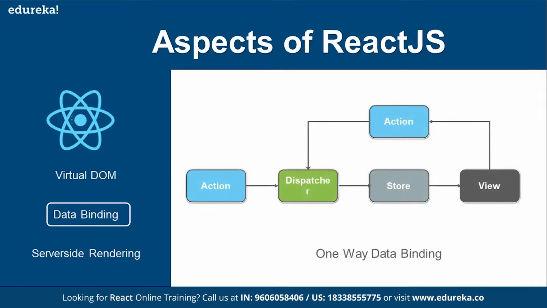The JavaScript mostly runs on the client side, so first it makes the actions, what kind of operations we need to perform, and those are dispatched to the server, which stores the state of the information. Finally, it displays it on the front end screen, the view operations. This is the way data gets bound in React.js.